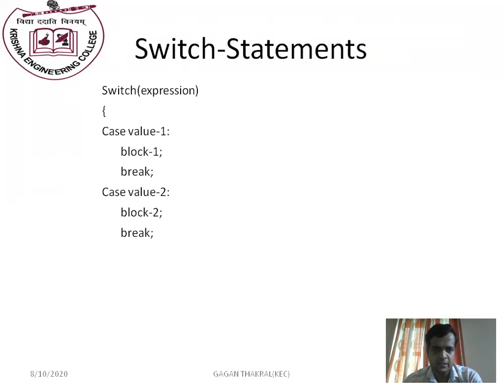Then we write case value 2, block 2 and break, and this process repeats as long as needed. Finally we write the default case. The default case is the case that executes if none of the cases match. We write the default block, and finally break.